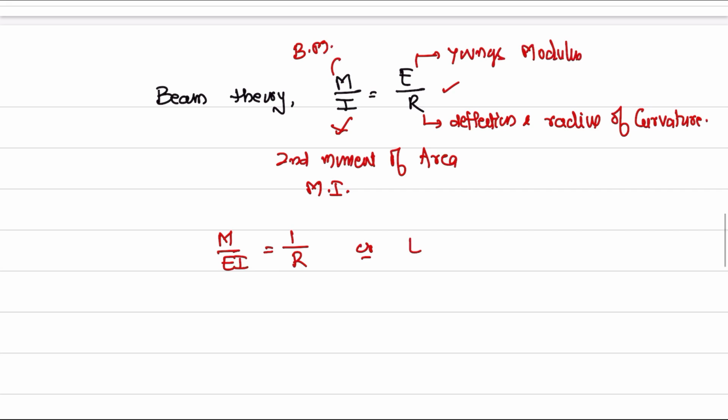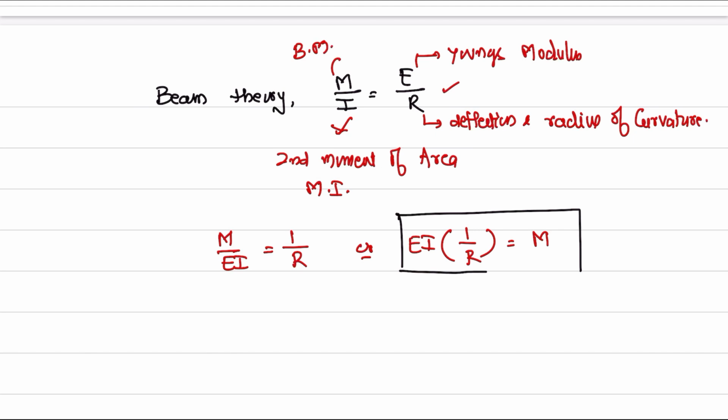Or we can say EI into 1 by R is equal to M. From this, we will get the deflection as EI into d square delta by dx square is equal to Mx.